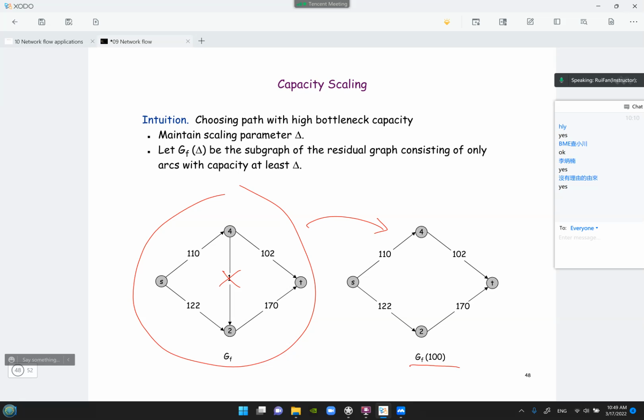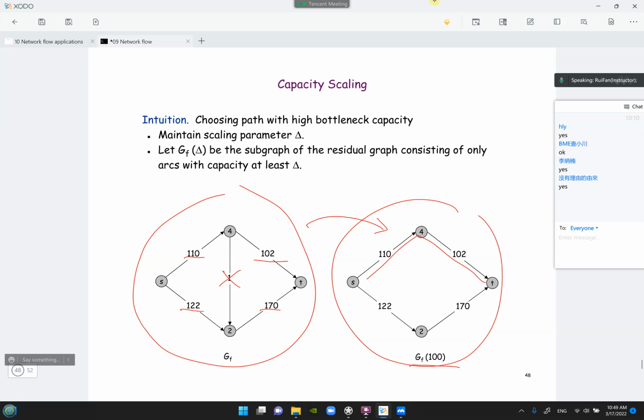It's only going to keep all of the edges which have capacity at least 100. We're going to take out all of the smaller edges. If you look for an augmenting path in this graph, that augmenting path has to have lots of flow on it, because even the minimum capacity in this graph is 102. So if you find an augmenting path, you have to increase your flow by at least 102.